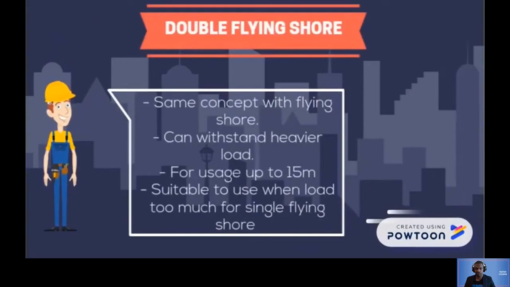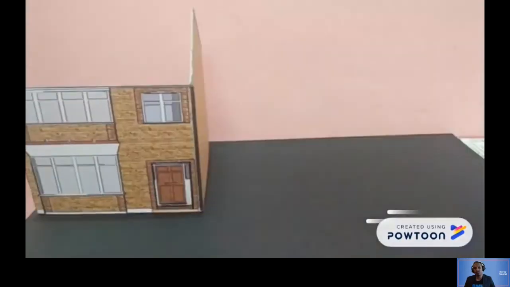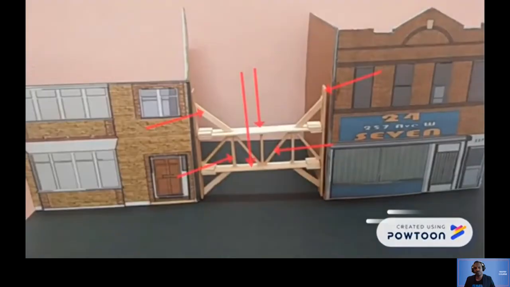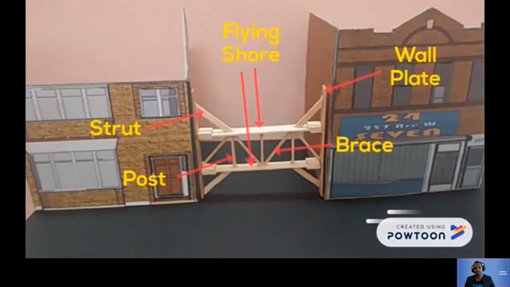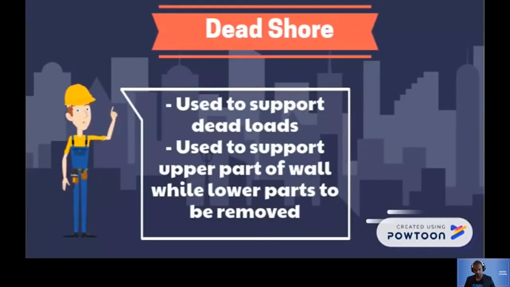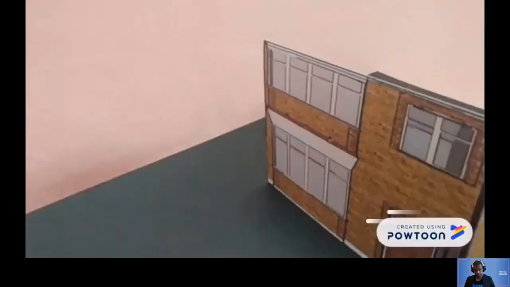Double flying shore, same concept with flying shore, can withstand heavier load for usage up to 50 meters, suitable to use when load too much for single flying shore. Now let's see deck shore. Used to support deck load, used to support upper part of wall while lower part to be removed.